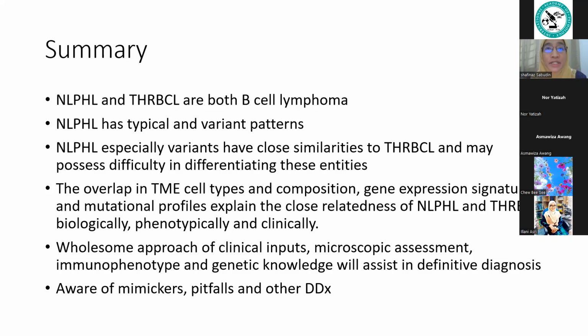So this is the fundamental explanation for the presence of the variant pattern and the overlapping features. So a wholesome approach of clinical inputs, microscopic assessment, immunophenotype, and genetic knowledge will somehow help us in making up our mind to make the correct diagnosis. And also we must be aware of mimics, pitfalls, and other differential diagnoses.